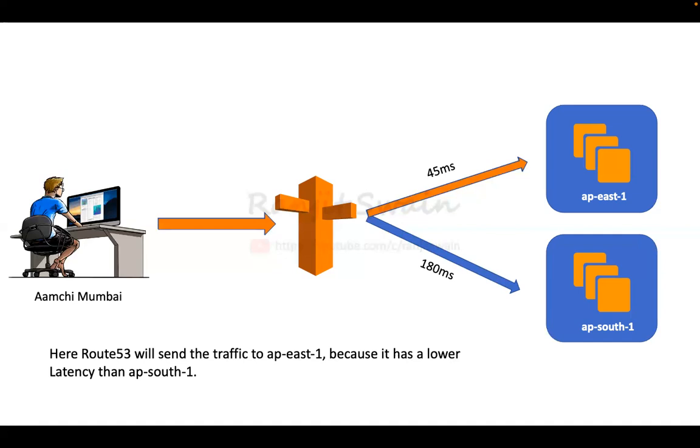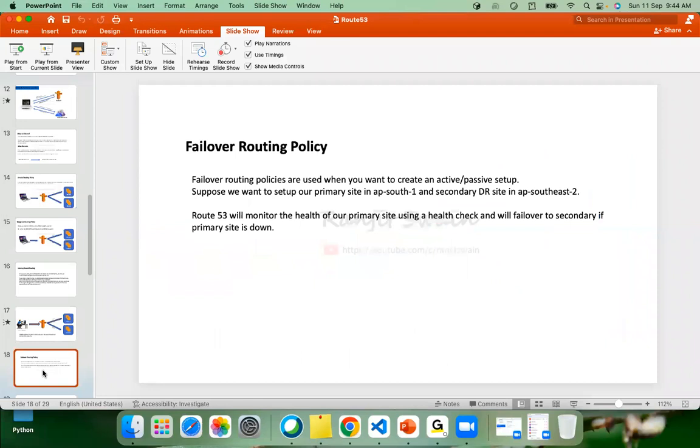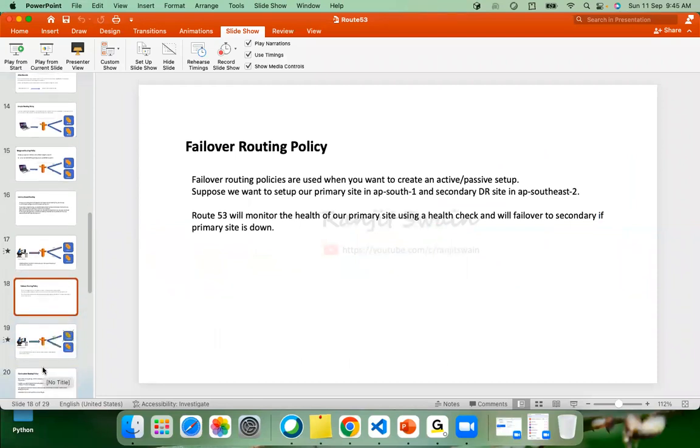Now we have other options available, like the failover routing policy. This failover routing policy works in case of DR, the disaster recovery plan, DRP. Whenever you activate the business continuity plan, BCP, the failover routing policy will be applicable.